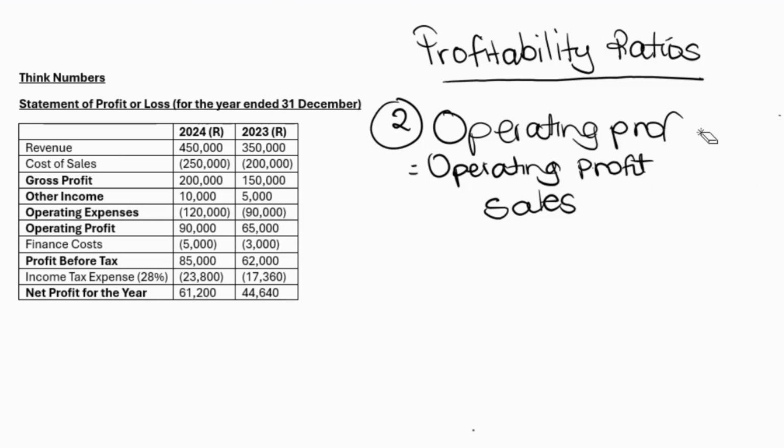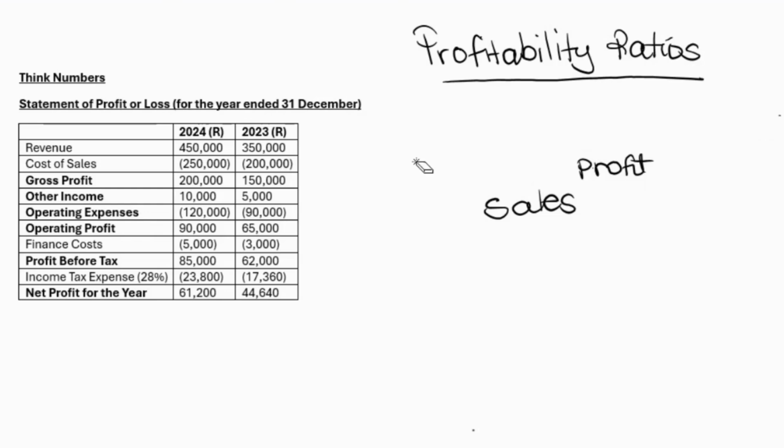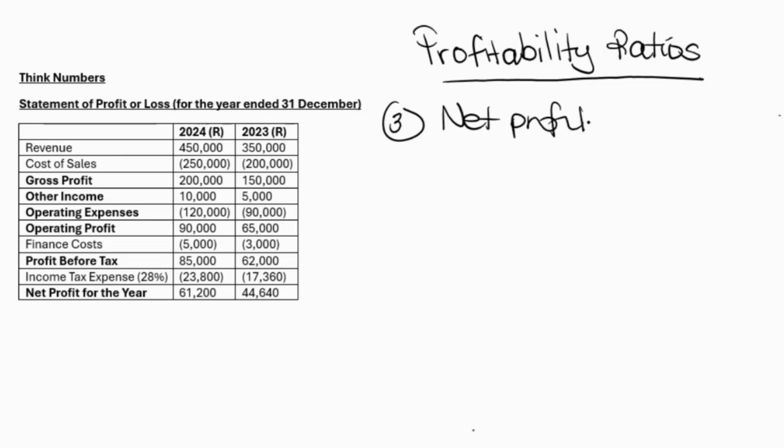All right. Then we're going to move on to the third ratio under profitability ratios, which is my net profit margin. What this ratio looks at is the overall profitability of our company. And I think you can sort of guess what the formula is for this one.